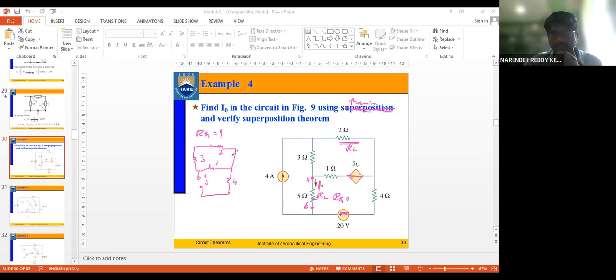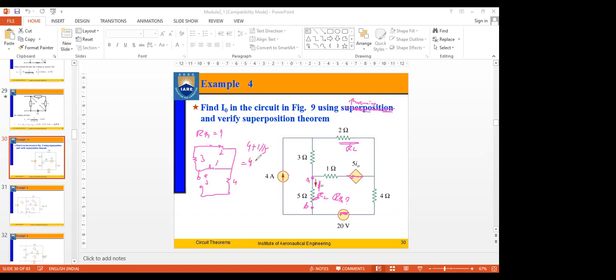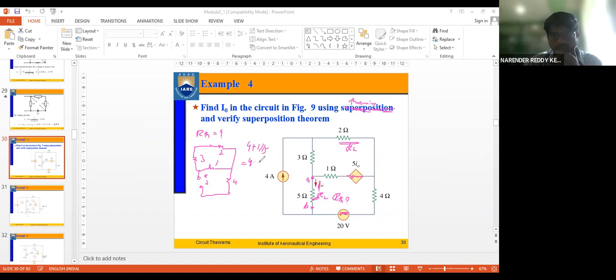So we said that 1 is in parallel with 5 plus 4. So what's the value you got? 1 plus 1 parallel with 5. We wrote some value here. What was that? 4 point? 29 by 6. 4.2 ohms or something, we wrote it, right?